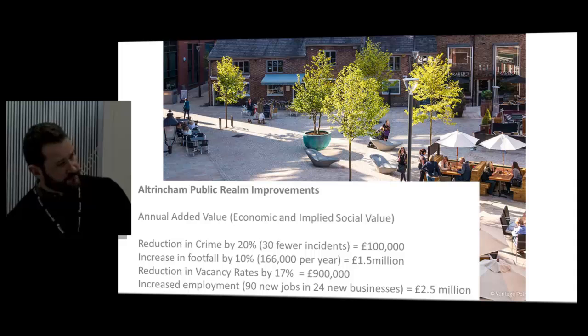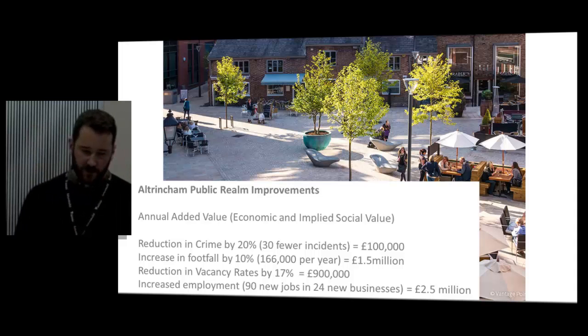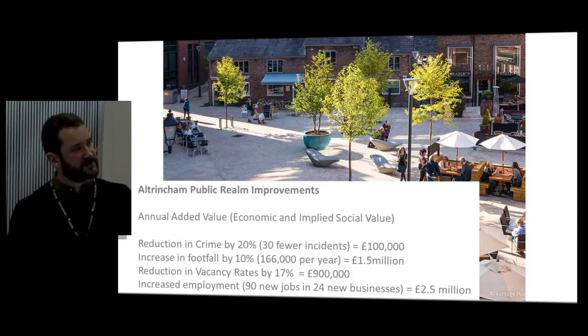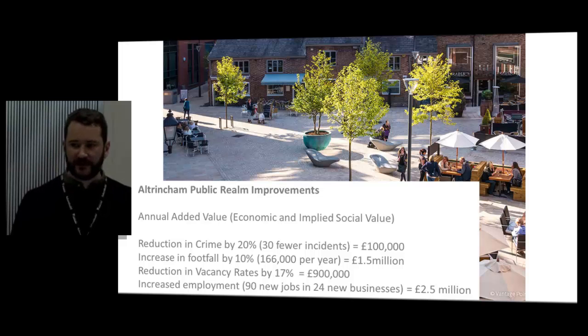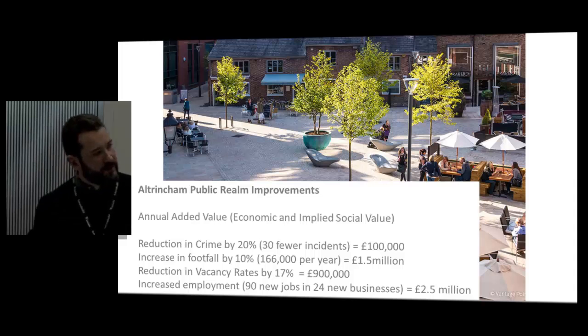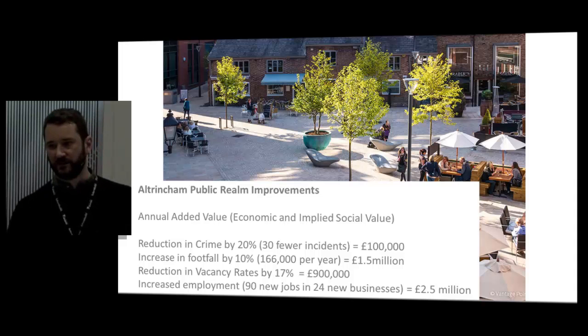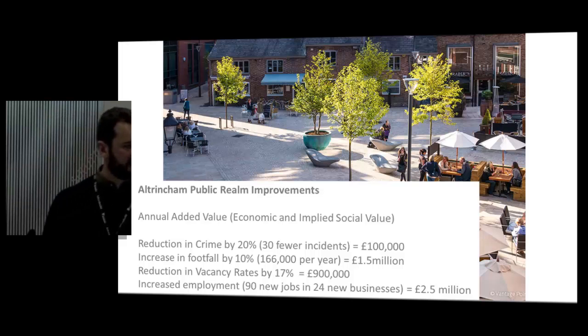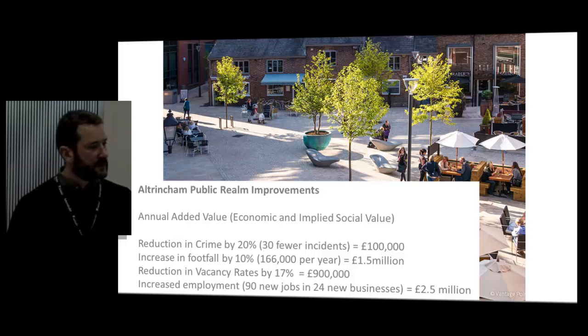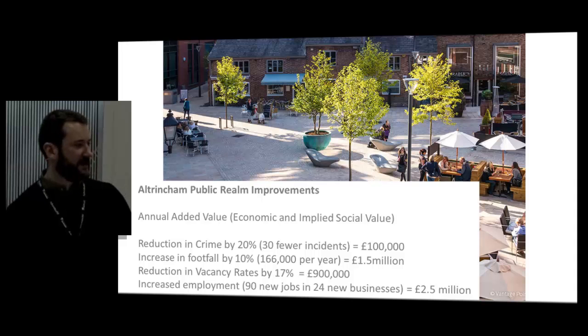And we've developed, in Poynton, we use some matrices to try and provide monetary value to the benefits. We've worked with a social value consultancy to develop a more sophisticated matrix that now allows us to look in more detail at the benefits in terms of reduction in crime. We've got the savings to the police force.